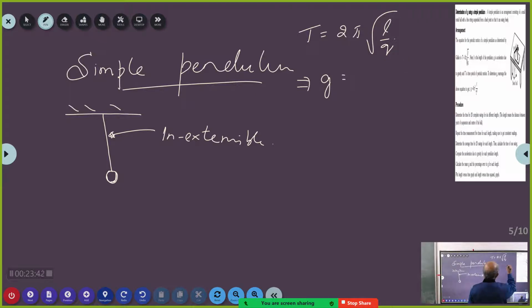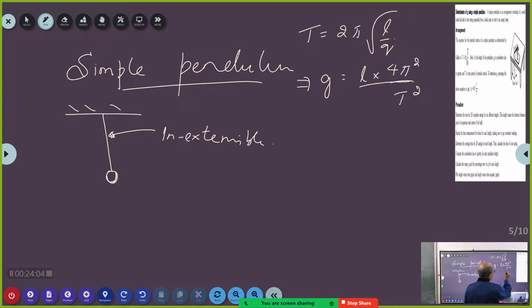Hello? 4 pi square by T square into L. Am I right, students? Into L, sir. Into L, sorry. Right. So this gives you the formula. So now g is so and so.